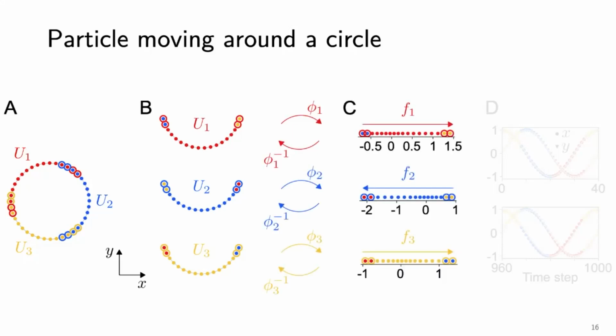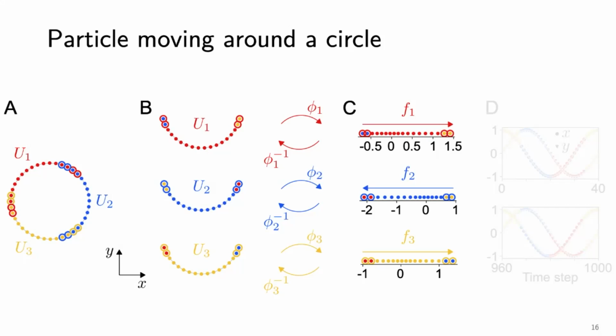Again, what these autoencoders are doing is basically flattening out each patch. So we go from this curvy piece of a circle to just a straight line, and the straight line can be represented in one dimension. There's only one coordinate to keep track of for each of these line segments. And we also learn the inverse of this map, so we can go back and forth from this curve to a straight line.